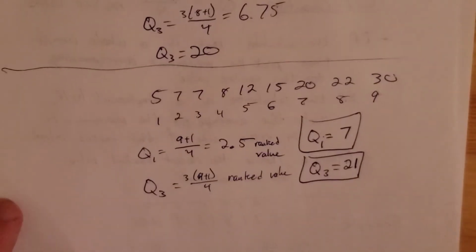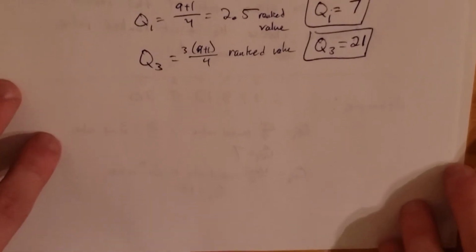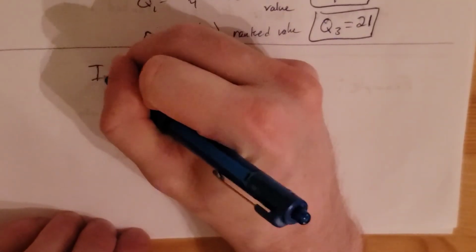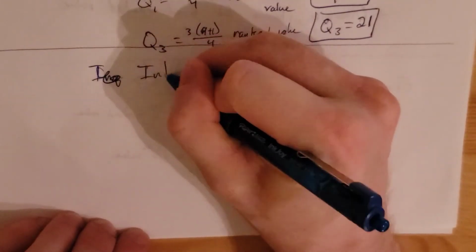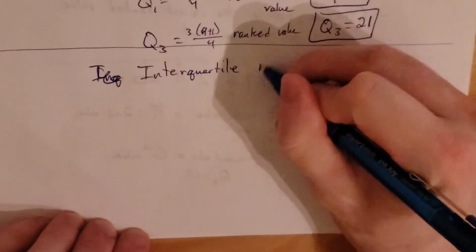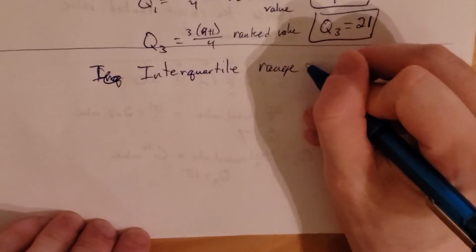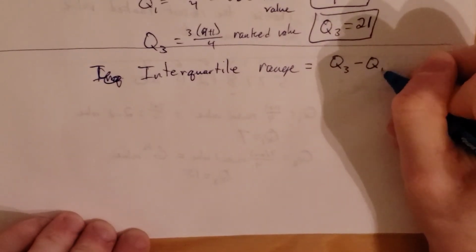Okay. Now, there are a couple of things we want to say about these quartiles. And first is, we define something called the interquartile range, which is Q3 minus Q1.